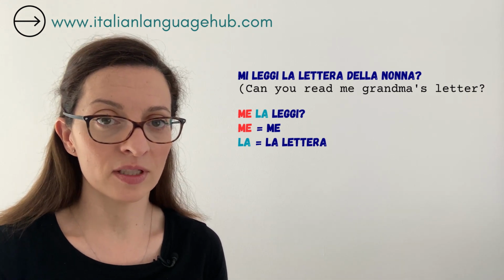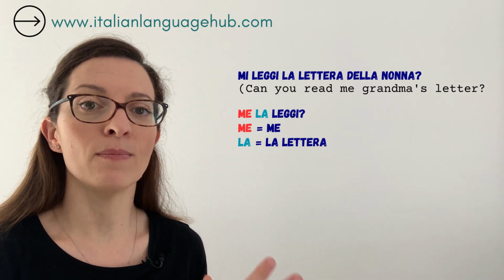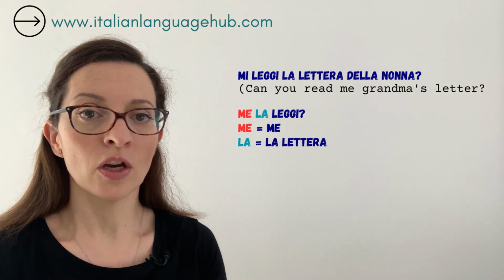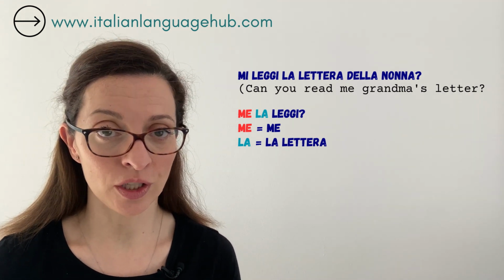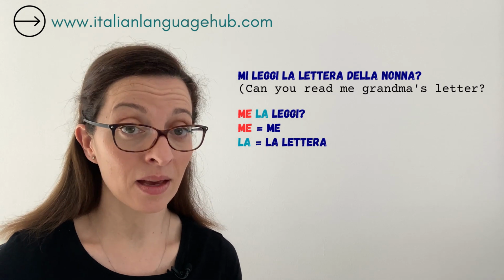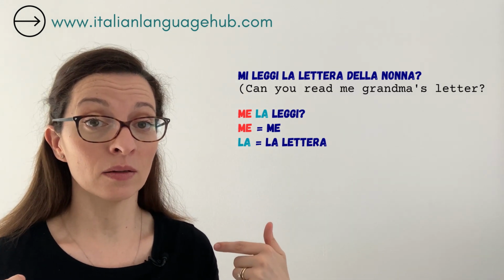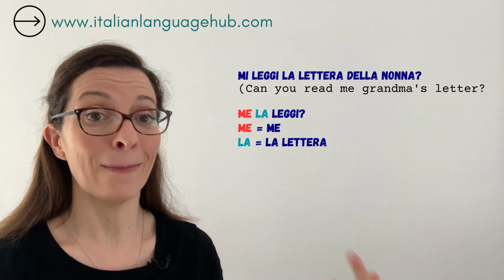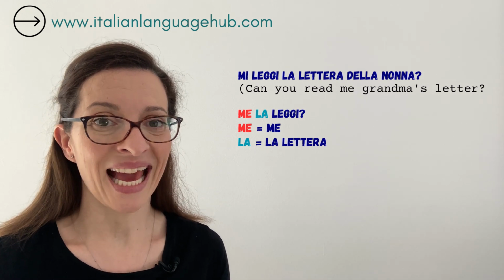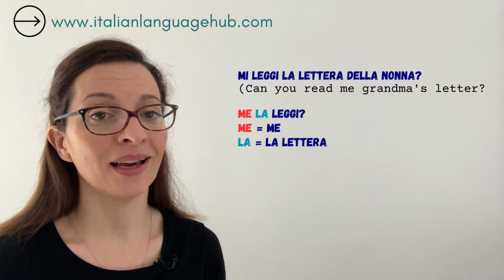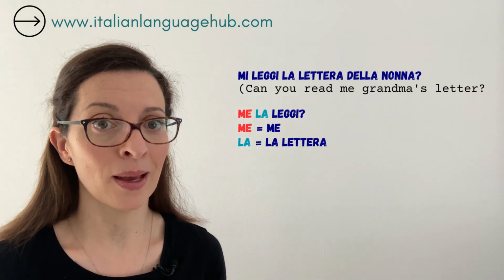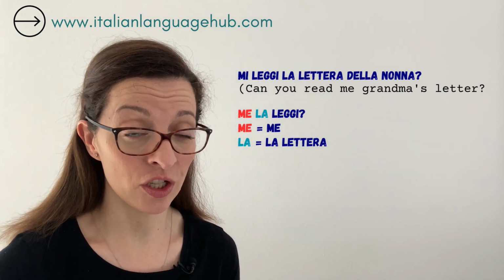If you're in a conversation and so you have already mentioned certain things, you can also say me la leggi. Me refers to me, so I'm asking you to read me the letter, and la refers to the thing that I'm asking you to read, in this case, the letter. Me la leggi.